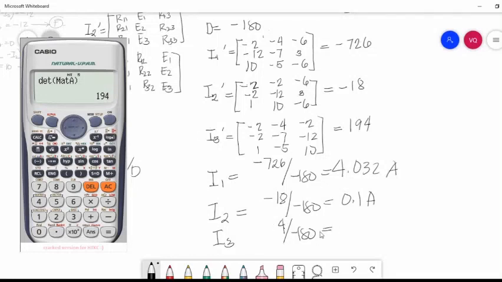So that is equal to -1.078 ampere or 1.078 ampere to the left.